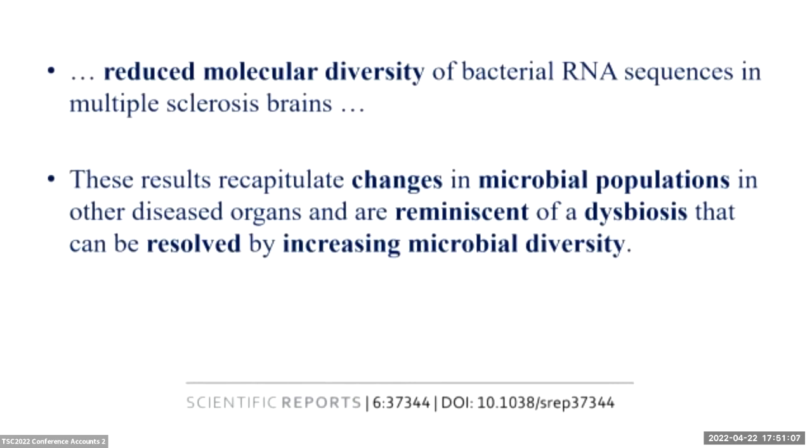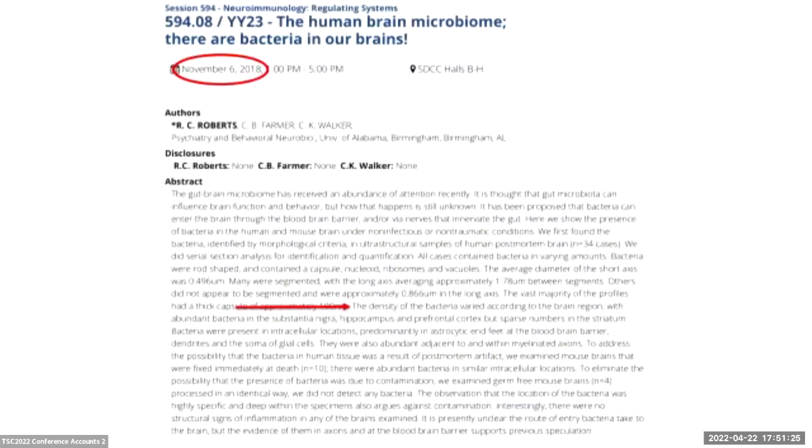But we can also think the other way around. Is the disease caused by a dysbiosis of the brain microbiome? Well, this has not been clarified yet, but I think this comparison between dysbiosis in the brain and dysbiosis in all other organs affected by chronic conditions is interesting.